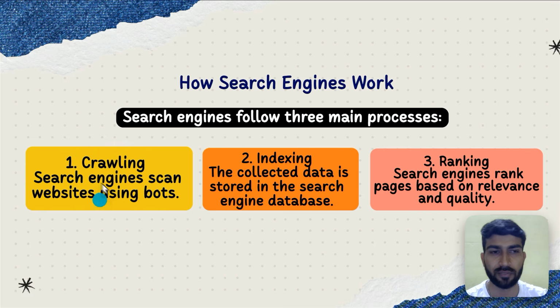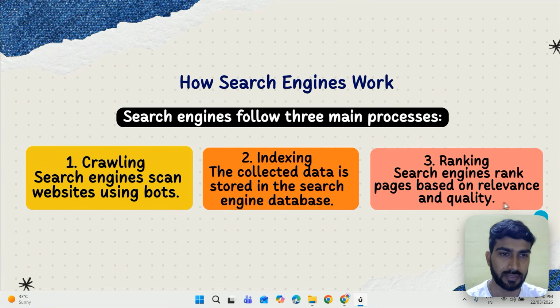In terms of SEO, we call them crawlers or spiders. These spiders will check all the content on the website. Then it will collect the data and store it in the search engine database in the second stage. And in the third stage, it will start ranking on the SERP, the search engine result page, the first page.